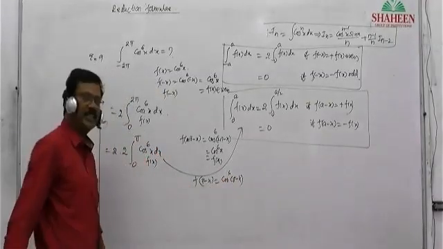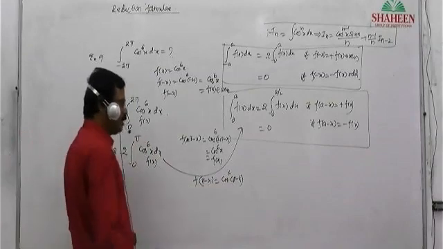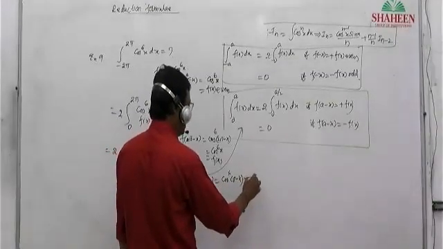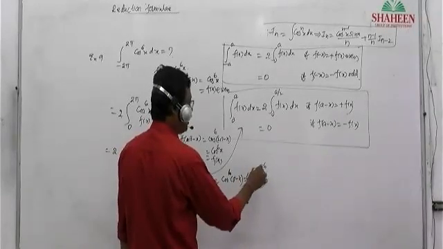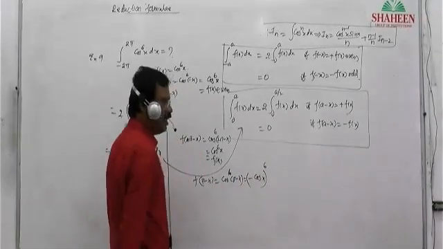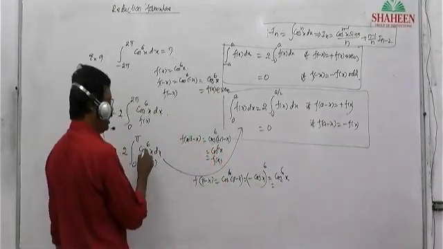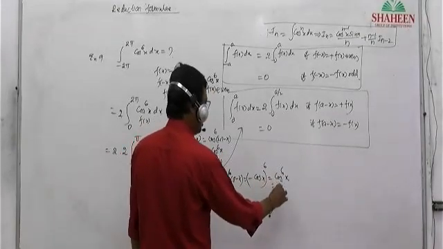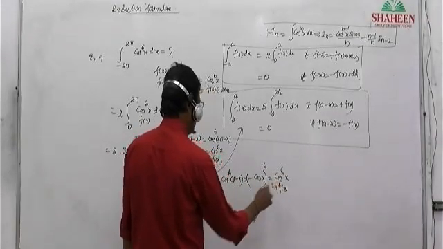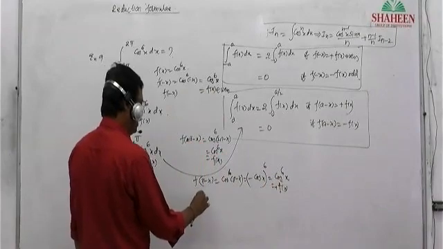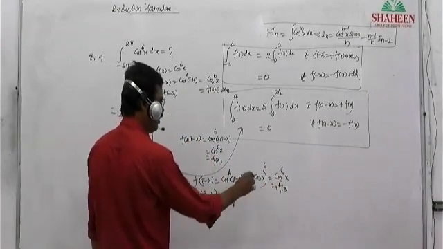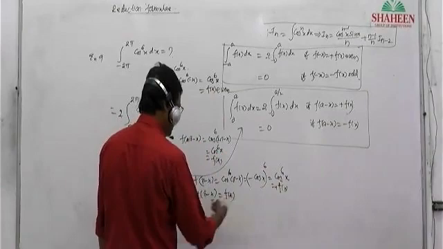Cos pi minus theta is minus cos theta, but the degree is 6, an even degree, so minus to an even power becomes plus. That is f x again. We got plus f x.